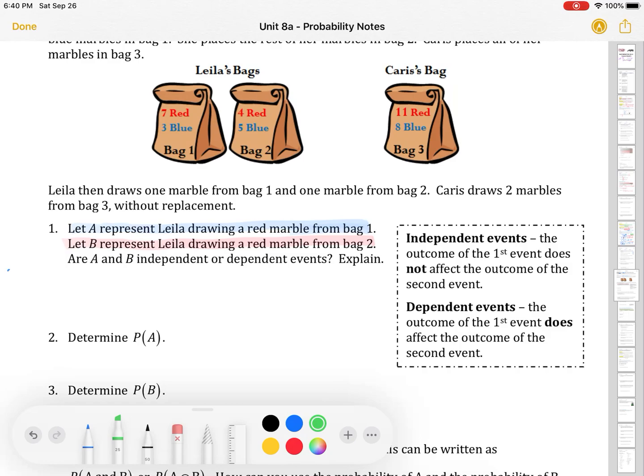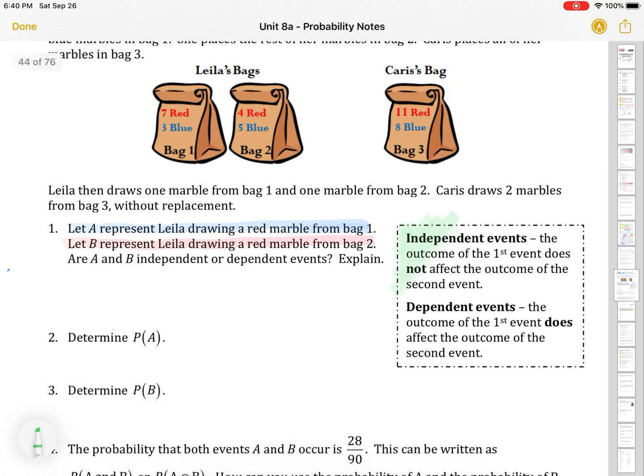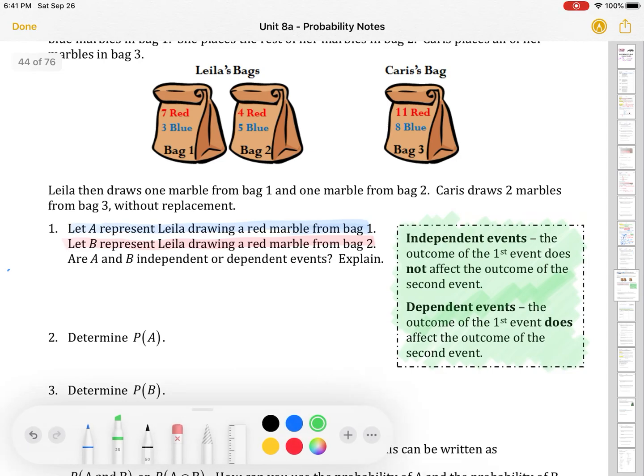Let A represent Layla drawing a red marble from bag 1. Let B represent Layla drawing a red marble from bag 2. Are A and B independent or dependent events? Explain. Let's look at what independent and dependent events are. Independent events: the outcome of the first event does not affect the outcome of the second event.